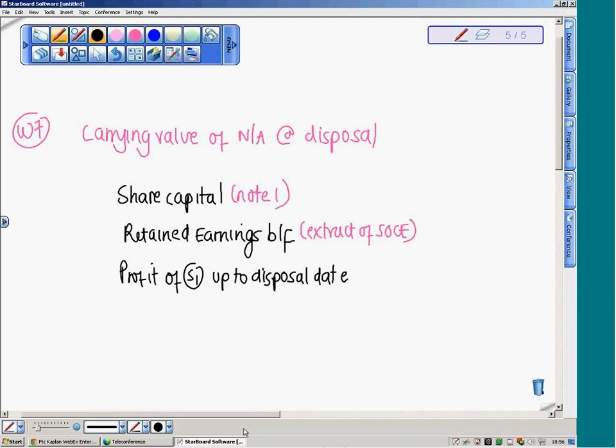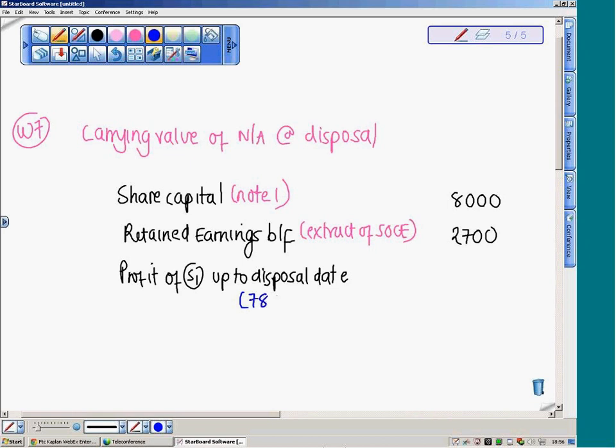But if we look at the extracts for our SOCI, Ferrers actually didn't pay any dividends, so that's not particularly relevant here. So I plug in my share capital, the 8 million. I'm going to plug in my retained earnings brought forward, so I can look at the individual extracts of my subsidiary, Ferrers, it was 2.7.